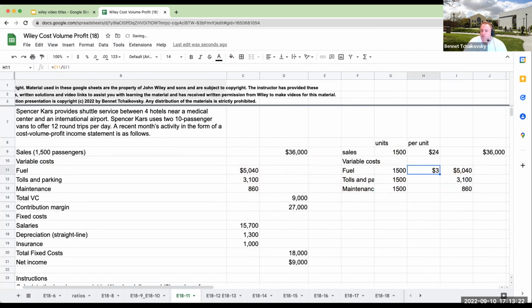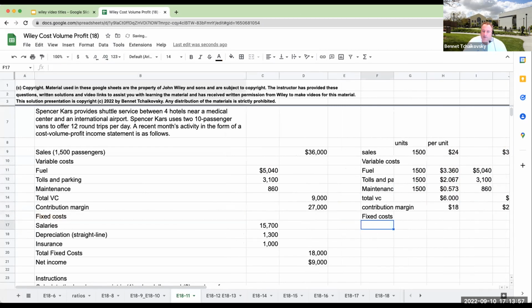So my total variable costs on a per unit basis are 6, and in total 9,000. So over here, our contribution margin is going to be 24 minus 6 or 18. And then this is going to be 36 minus 9 or 27,000.